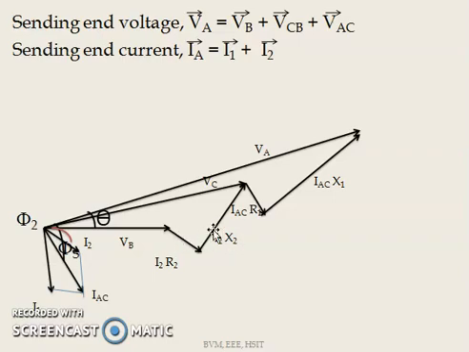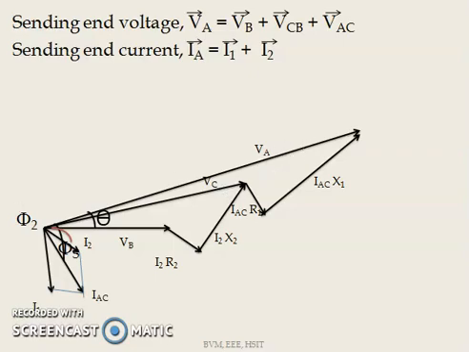When you add these two drops with VB, you will get VC. And there will be the current IAC which flows through R1 and X1, giving the voltage drops IAC R1 and IAC X1. When you add these two drops along with your VC, you will get VA.